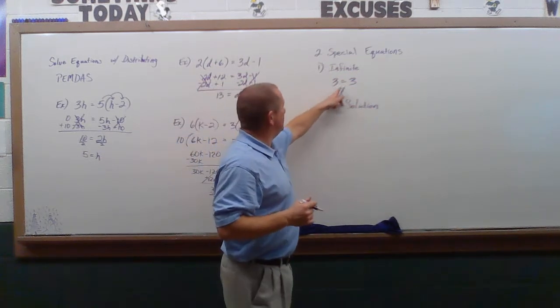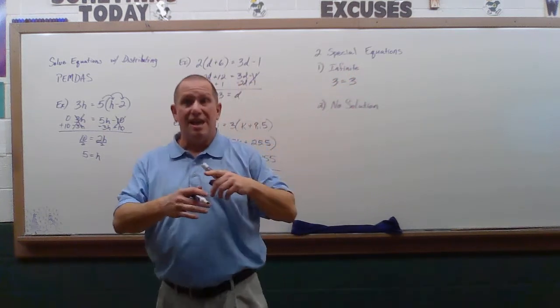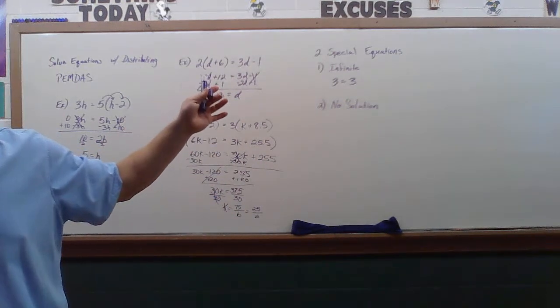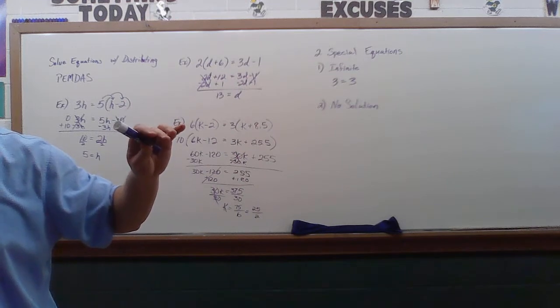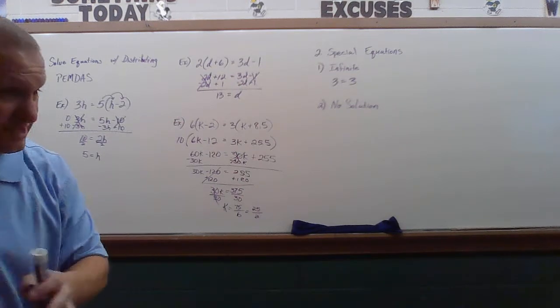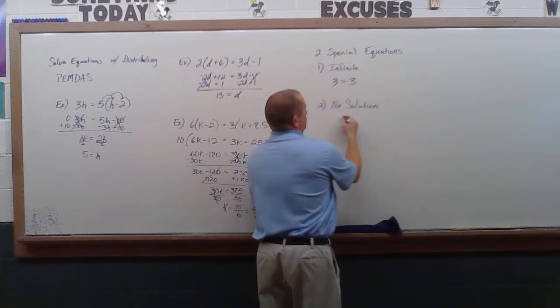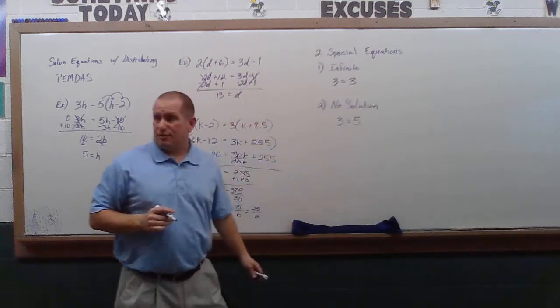And when you get some number equal to itself, it automatically tells you that you have an infinite number of answers. I can put any number in there. It does not have to be 3. It can be whatever number it is. 13 is equal to 13. Okay? If some number is equal to itself, you have infinite numbers of solutions. If you have no solution, you have some number, but it's equal to something else.